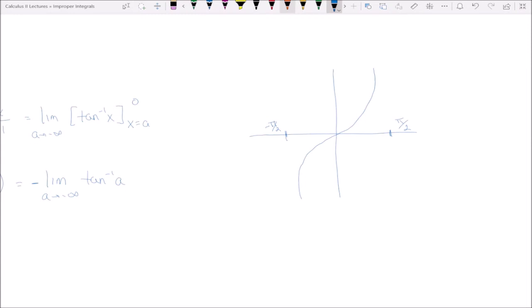Both of these, negative pi over 2 and pi over 2, are vertical asymptotes. So the question of this limit is essentially, what angle does tangent approach negative infinity at? And that would be negative pi over 2. See that?